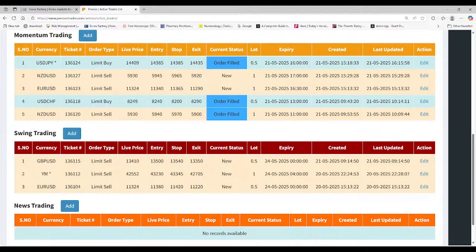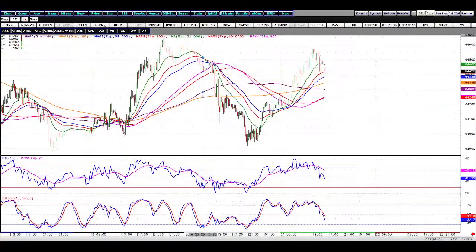Now finally we look into Aussie dollar. Right now this is trading at 42.